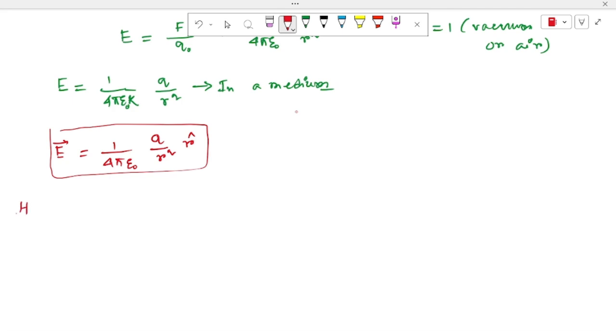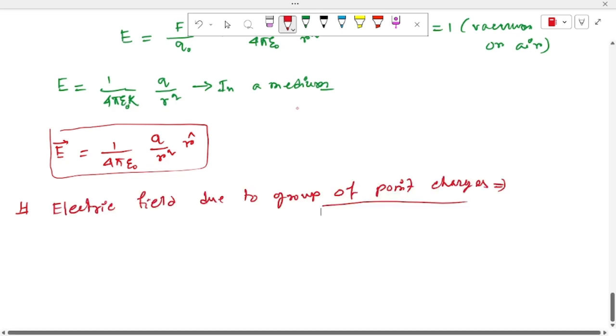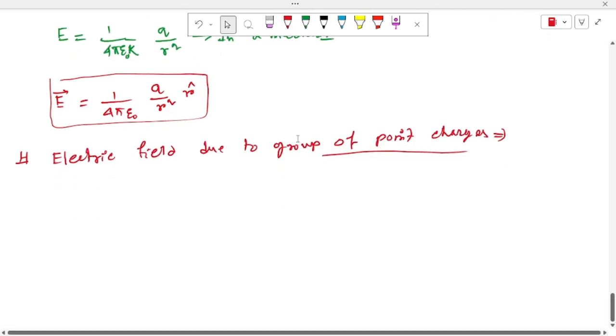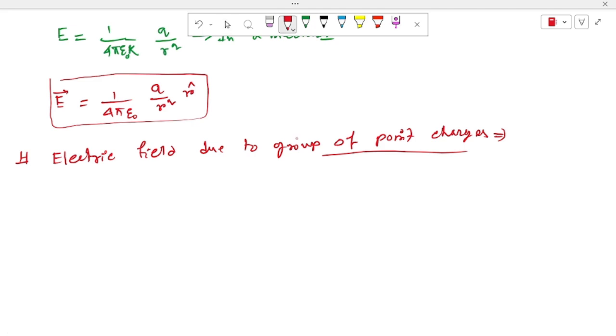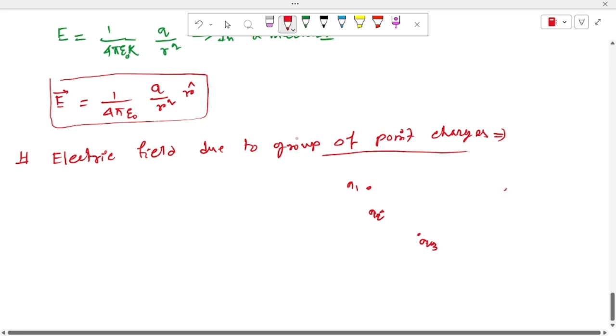Now, if there is a group of charges, the expression of electric field due to a group of point charges: if there is more than one charge, Q1, Q2, Q3, and so on, what is the expression of electric field at the point P?